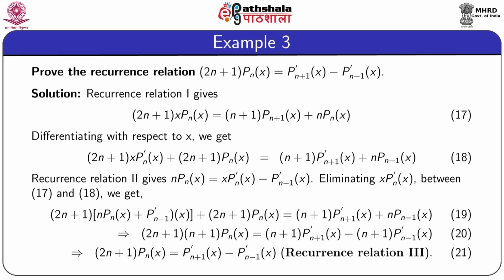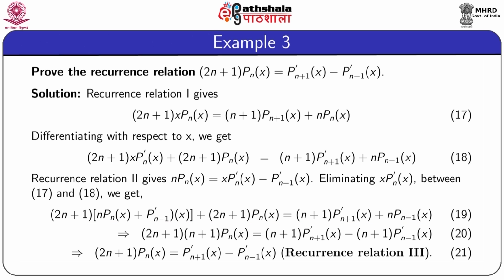We now recall recurrence relation 2, which gives n p n is equal to x p dash n x minus p dash n minus 1. Now, we eliminate x p dash n x between 17 and 18, and if you do that, you will get 2n plus 1 into n p n x plus p dash n minus 1 plus 2n plus 1 p n x is equal to n plus 1 p dash n plus 1 plus n into p dash n minus 1 x.